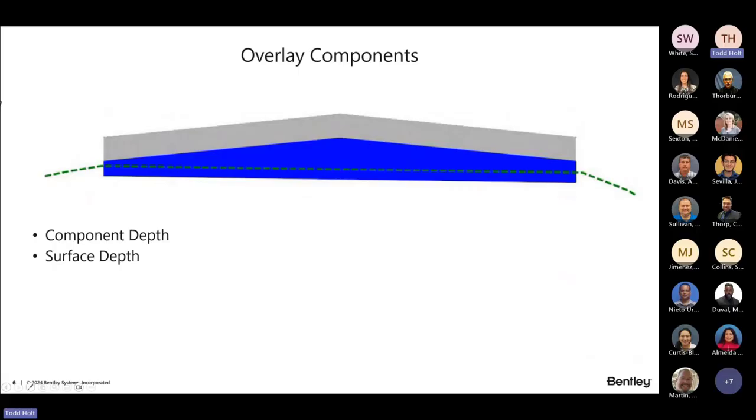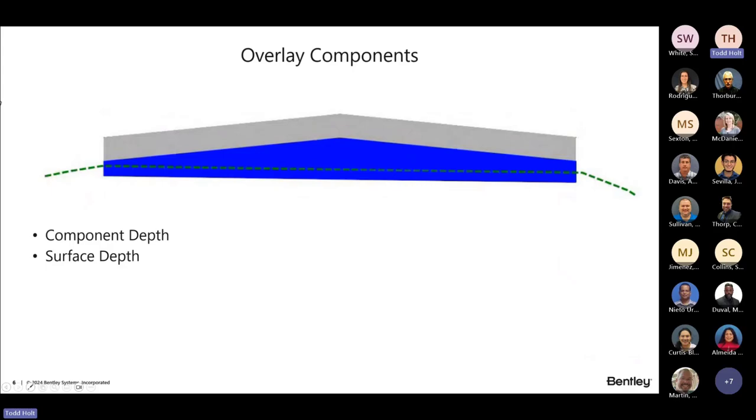Those options define the minimum depths the overlay or stripping component will extend below the component or the surface. So for example, if our project required a minimum of 4 inches of existing material to be removed before the overlay, we can set that in the component depth of that overlay.